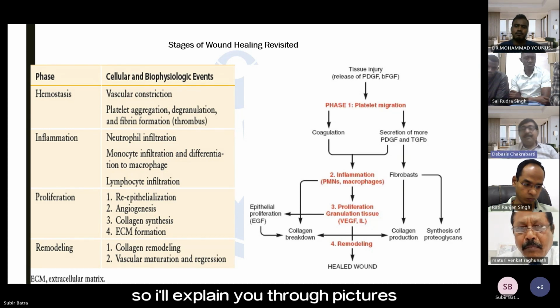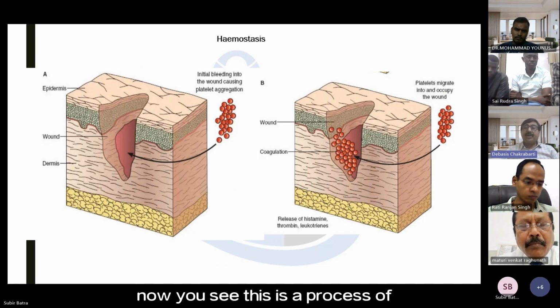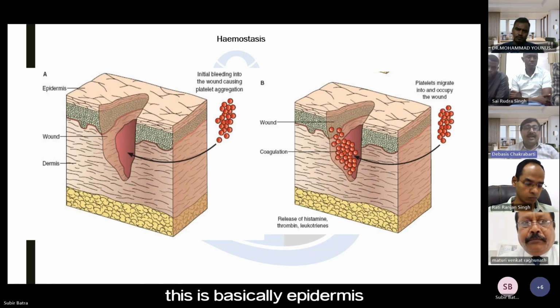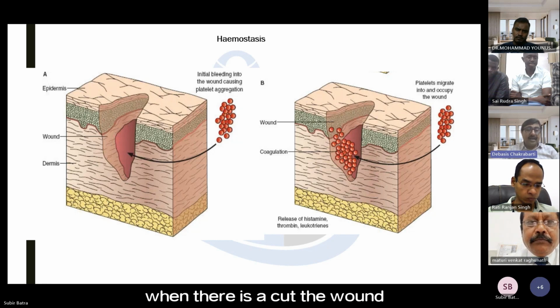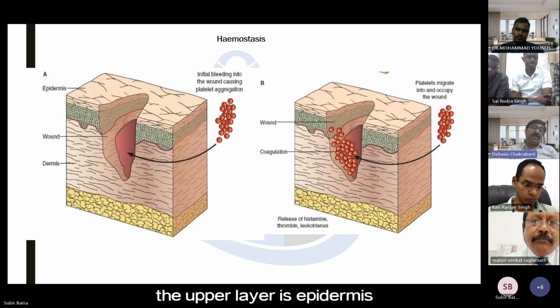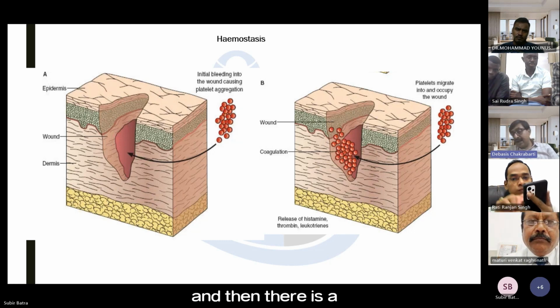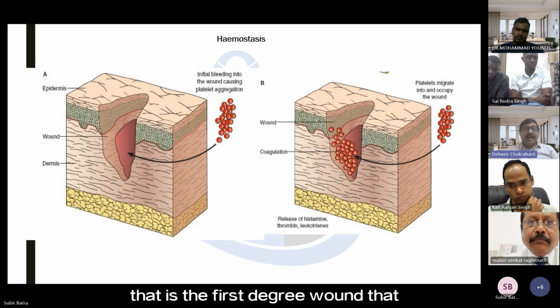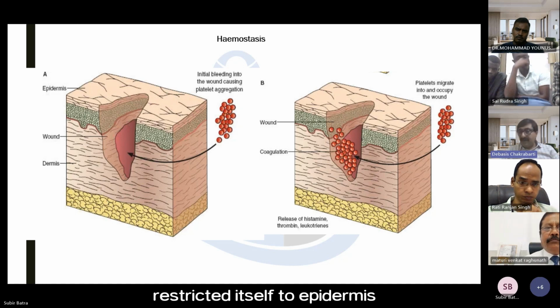So I'll show you through some pictures. Now you see, this is the process of hemostasis. This is basically the epidermis where there is a cut, the wound. The skin has 3 layers. The upper layer, the topmost, is the epidermis. Then there is the dermis, and then the hypodermis. Most wounds, a first degree wound, restrict themselves to the epidermis.